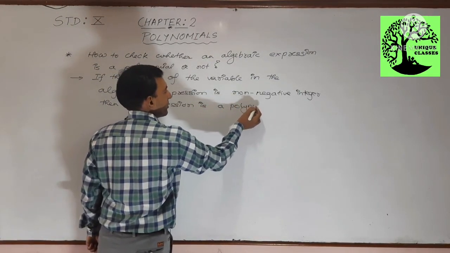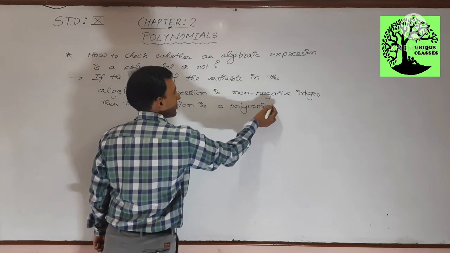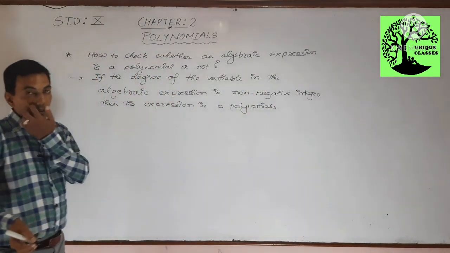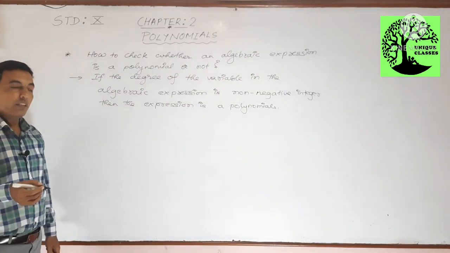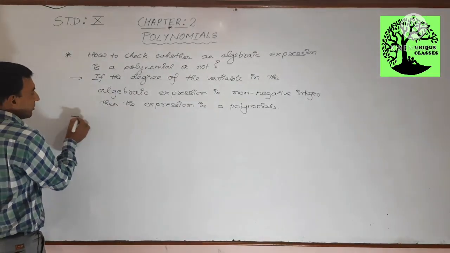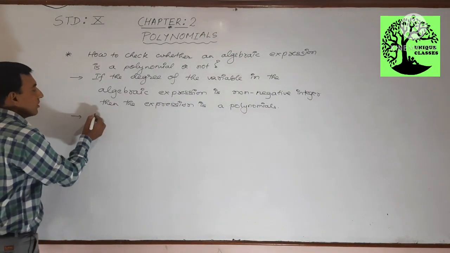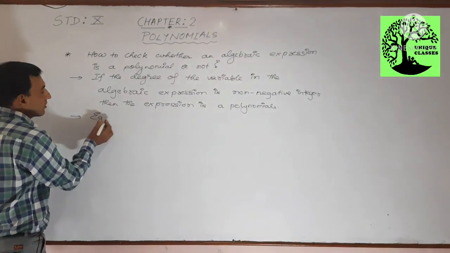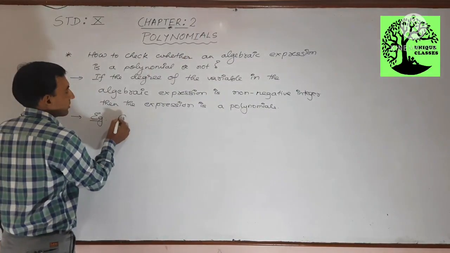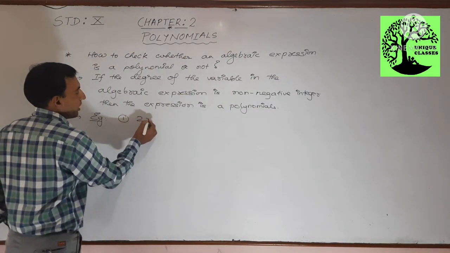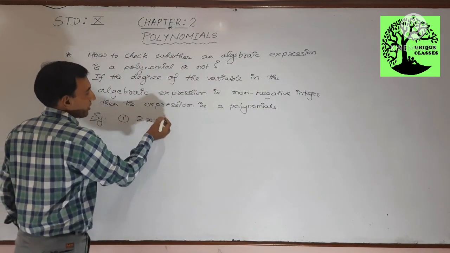We are going to understand this with some examples, because only then will this concept get clear in your mind. So, now let us take a few examples to understand this point. 2x plus 7.